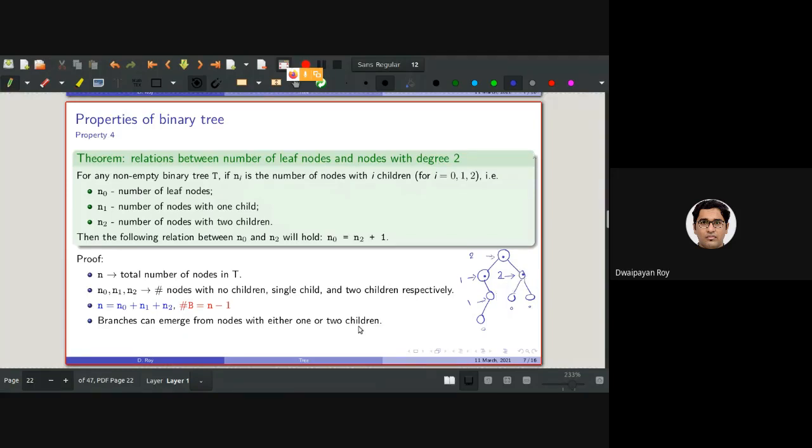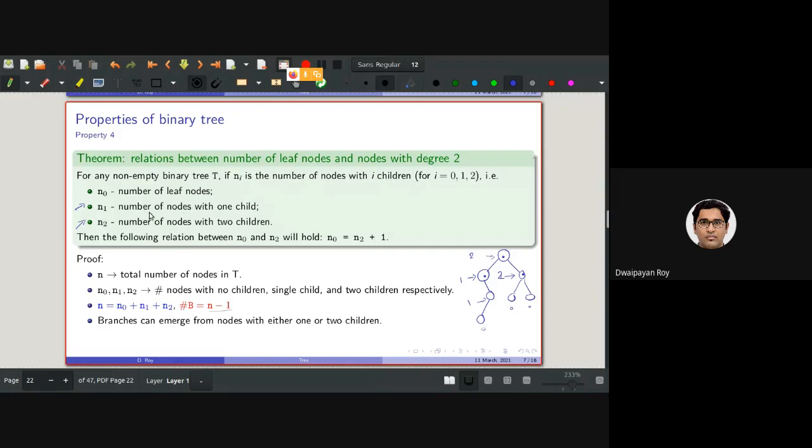Now, how to prove this? It's pretty easy now. The number of branches will be altogether n minus 1. And the branches can start from only these two kinds of nodes, this one and this one.